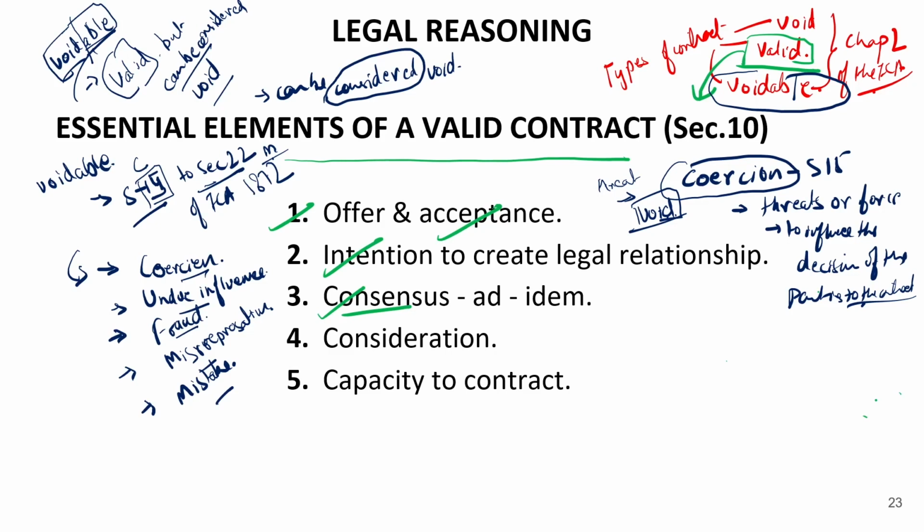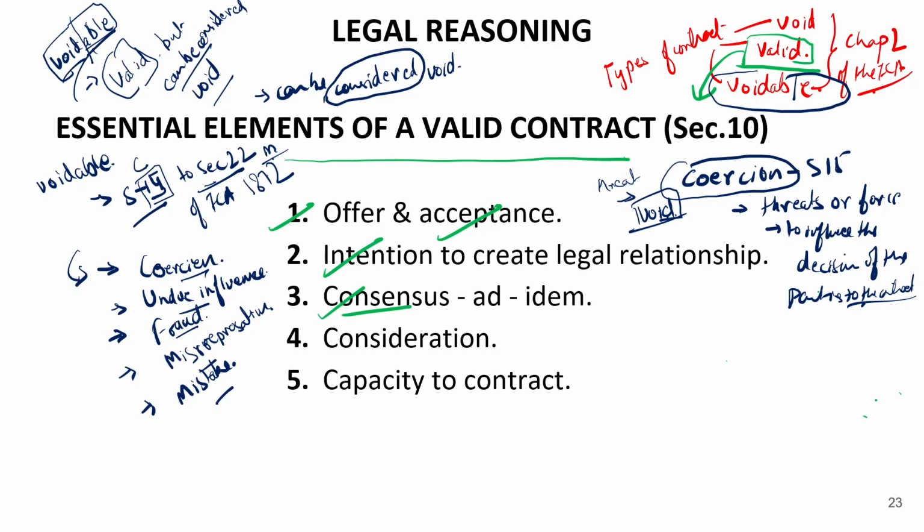Because of these influences, whether it be threat, force, undue influence, fraud, misrepresentation, or mistake, any agreement signed will be considered valid only until objection is raised by the person whose consent has been exploited or influenced. That person has the right to get the agreement declared void by proving to the court that these things, as mentioned in section 15 to section 22, if present, hampered their free consent and caused their consent to be taken by influence.